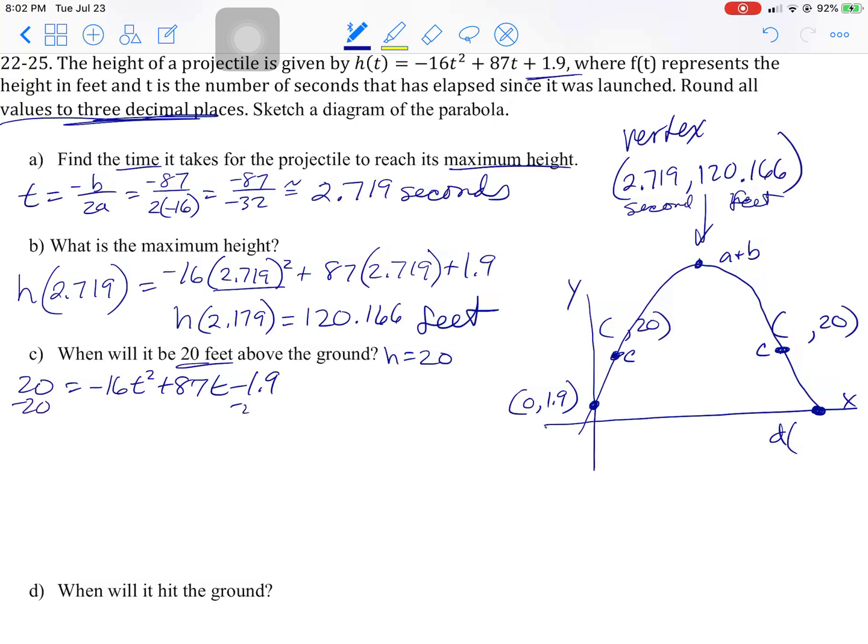That means I need a 0 on one side. Negative 16t squared plus 87t. That was a positive. That is a negative, so this is going to be negative 18.1.